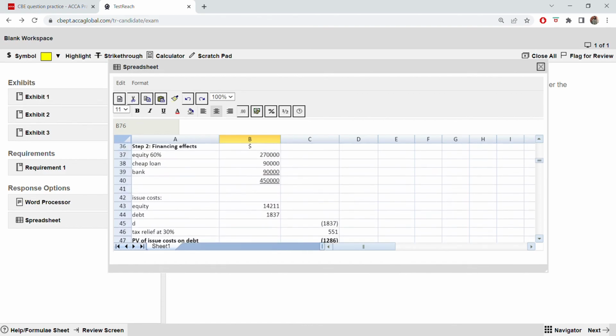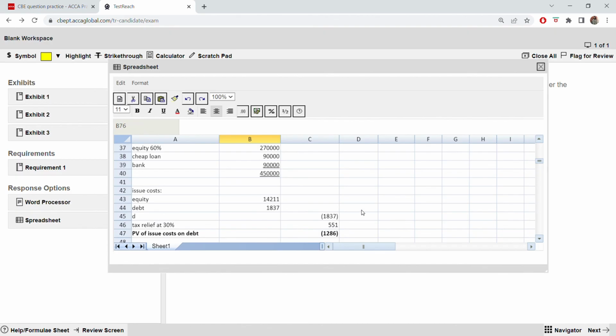You have to go up. 14 to 11. This has to be negative again. So make sure that you write it as negative. Will not come. Paste special.